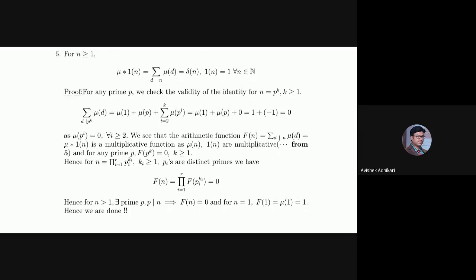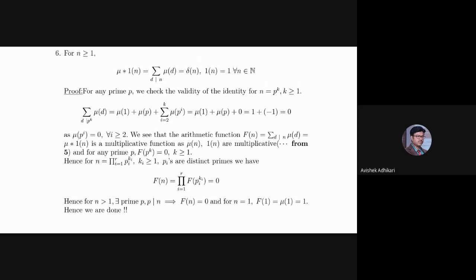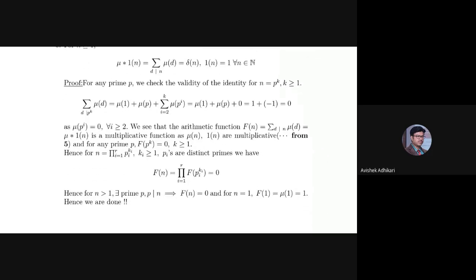So for any natural number n, where n can be written as the product of p_i power k_i, if we consider f(n) as the summation of mu d over d divides n, then we can break f(n) as the product of f(p_i power k_i), because it is multiplicative and all the prime numbers are co-primes.